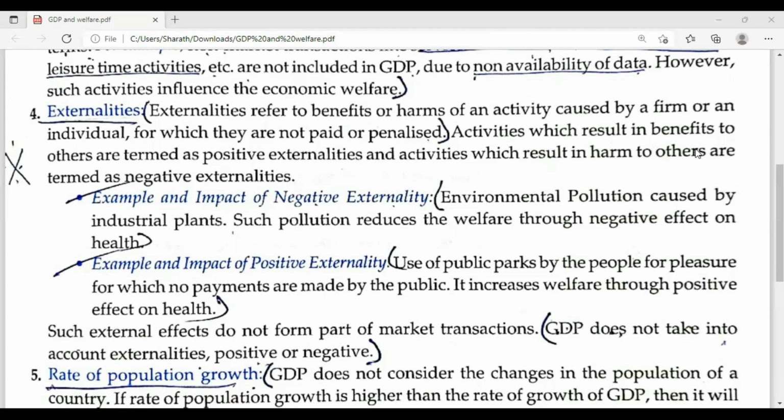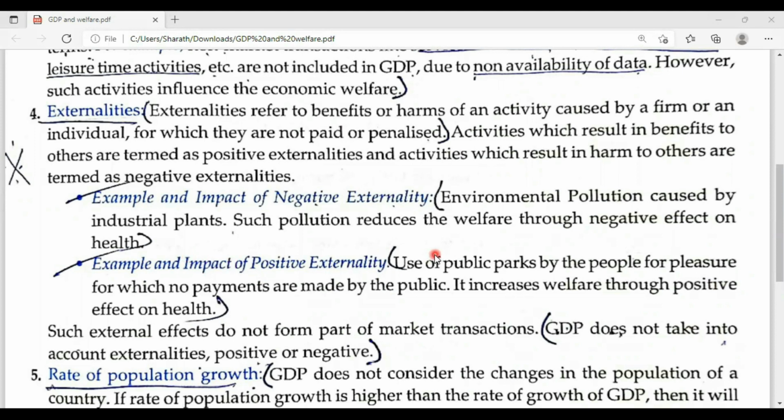Those activities which result in harms to others are treated as negative externalities. Some examples: pollution caused by industrial plants, which creates a problem for welfare, is a negative externality.